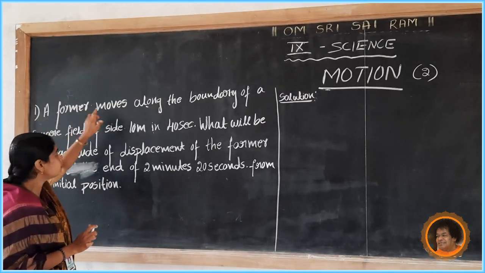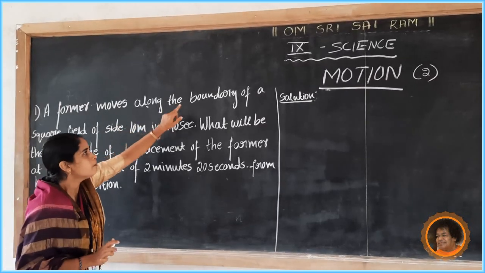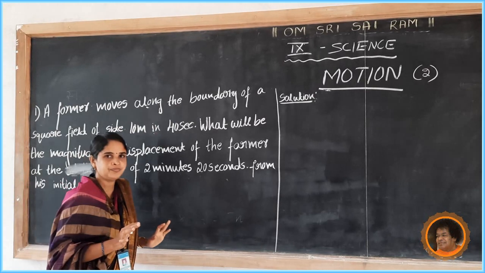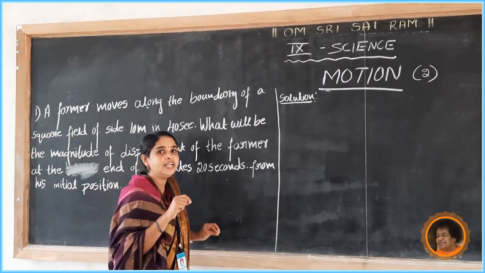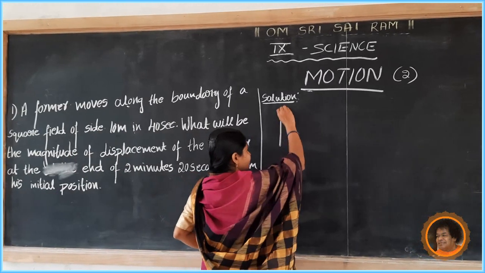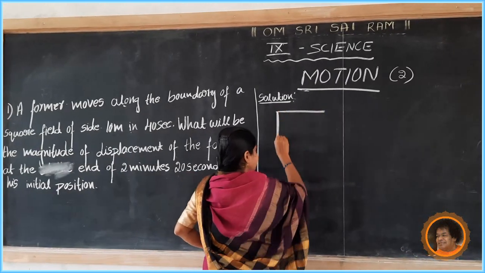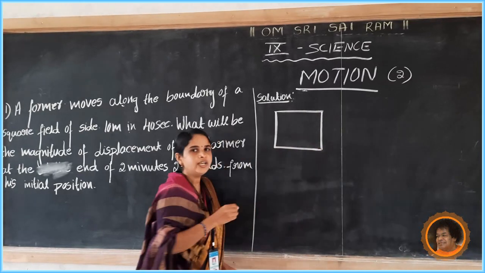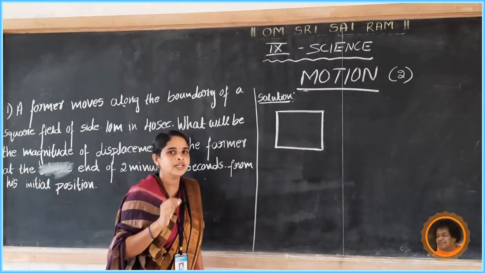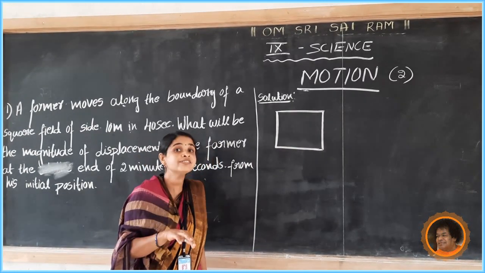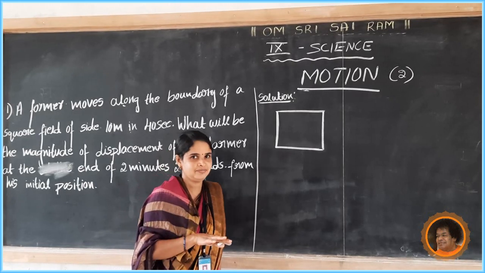A farmer moves along the boundary of a square field. The shape of this field is a square. We know that a square has 4 equal sides and 4 equal angles.